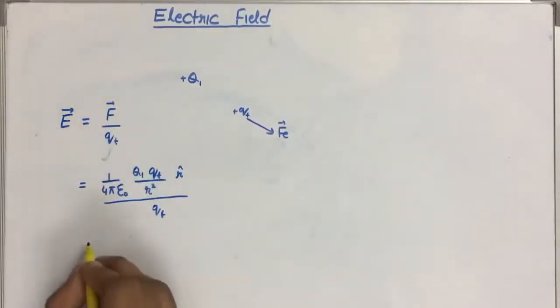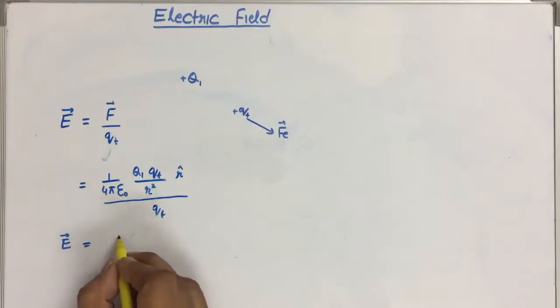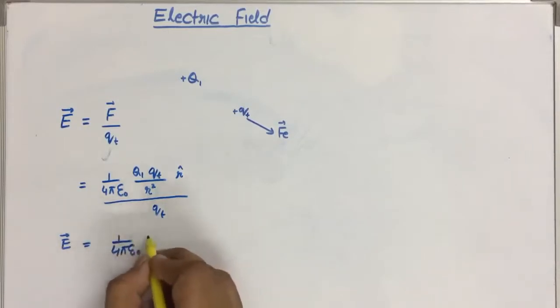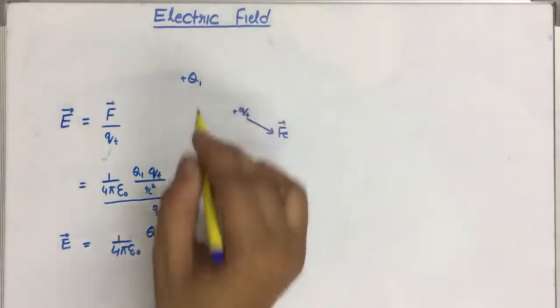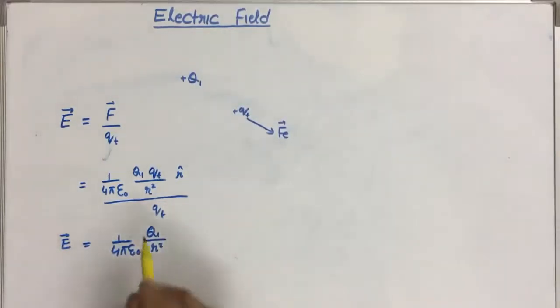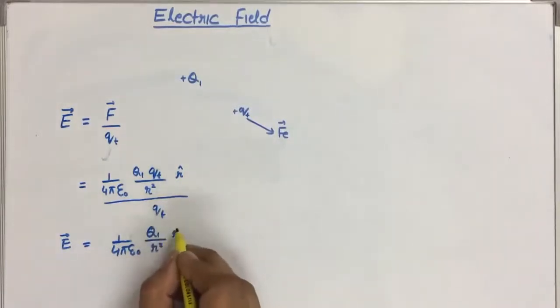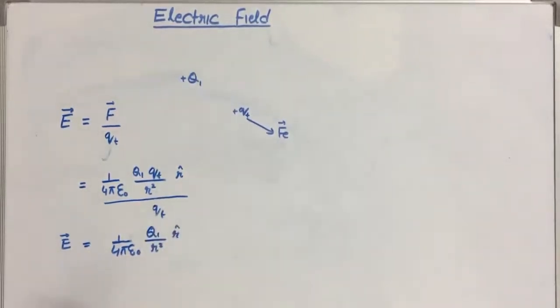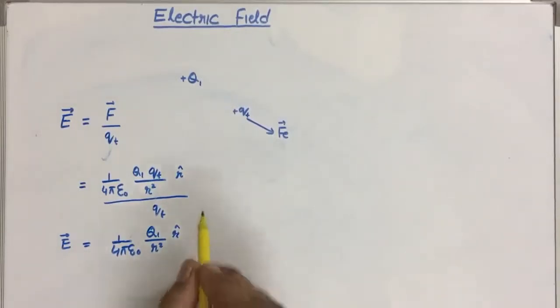So from here we find electric field intensity will be equal to 1 by 4 pi epsilon naught, the Q1 that is available here, that is source charge, divided by R square, and still it is in the direction of R. So it is directed away from the charge in the direction of force.